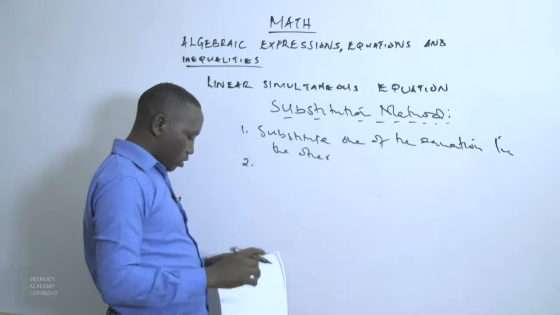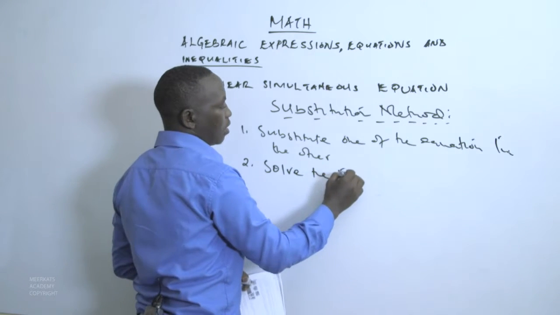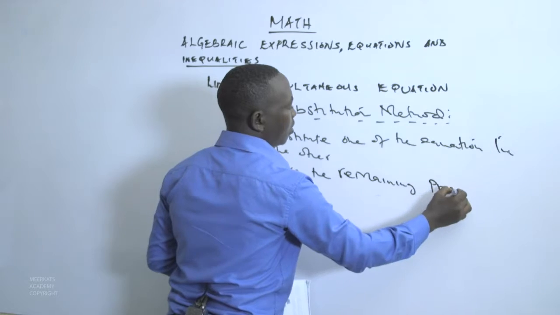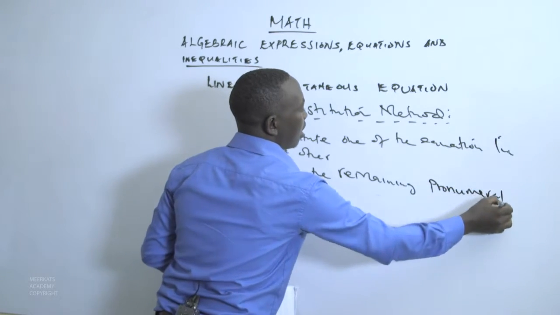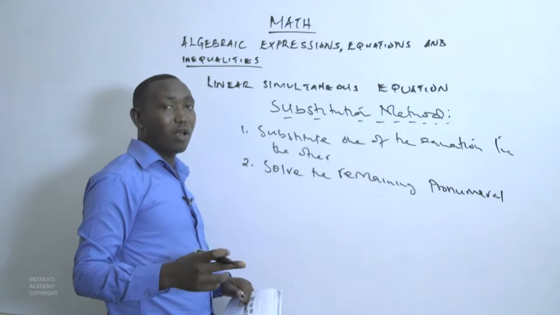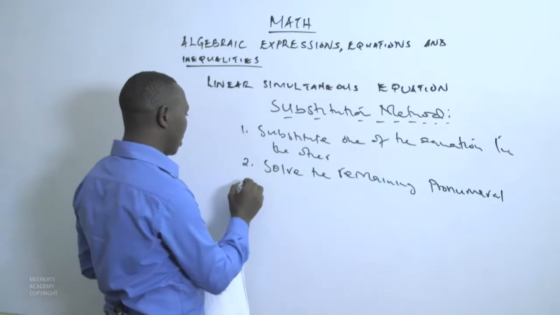Then step number 2, solve the remaining pronumeral. And we recall that pronumerals are the alphabetical letters which are unknown in that particular equation.